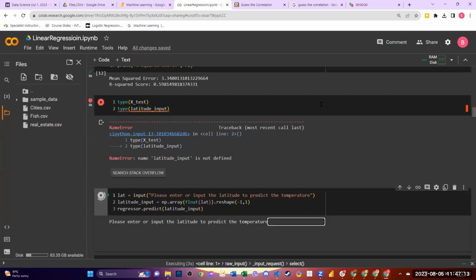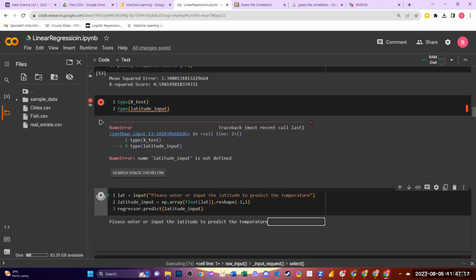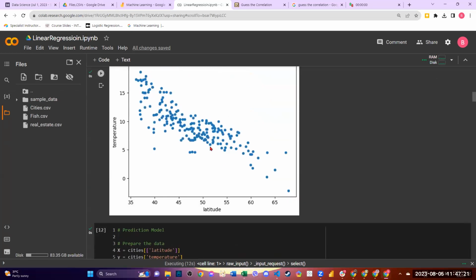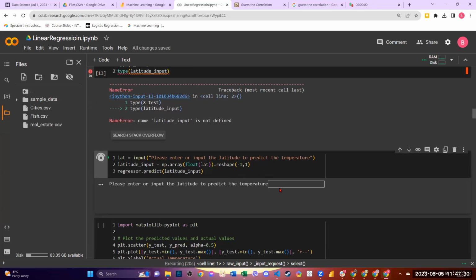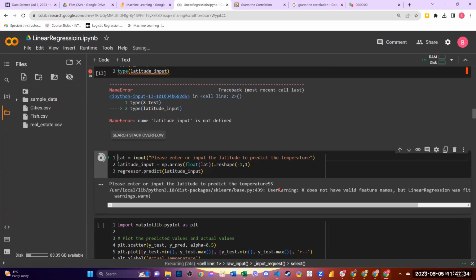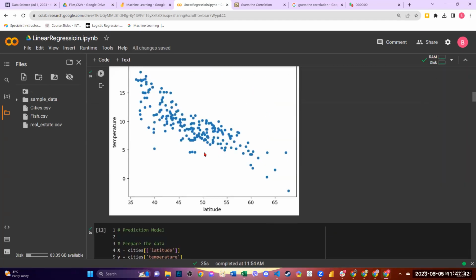So let's say I will predict a temperature. I will input a latitude and it will predict a temperature somewhere. Let's say our latitude is around 55. What will be the prediction? So the prediction is around 6.3. Let's see on our graph.